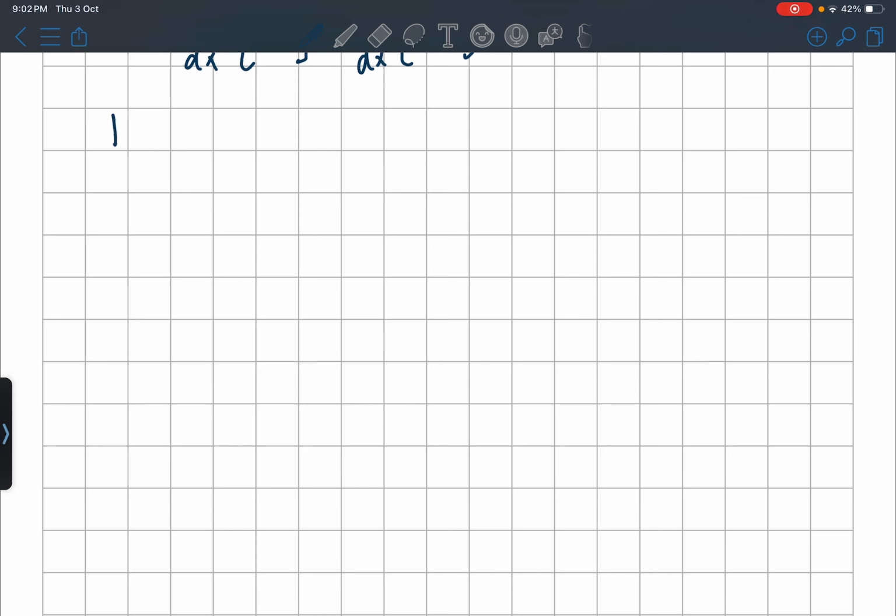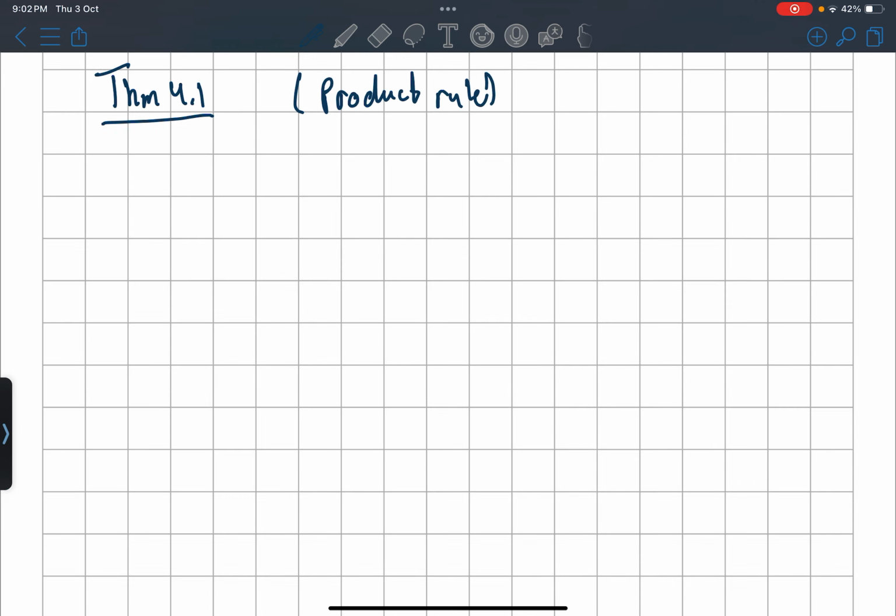Here we have theorem 4.1. It's about the product rule. So assume that we have d over dx of f(x) times g(x).